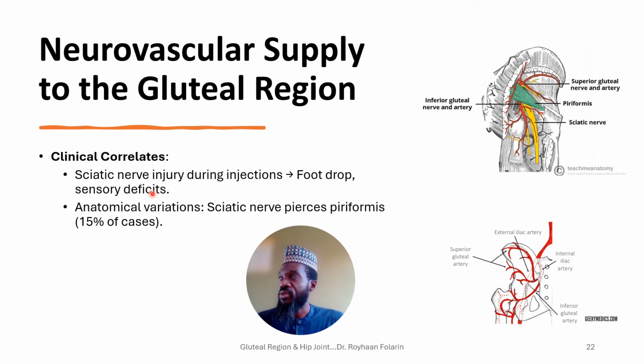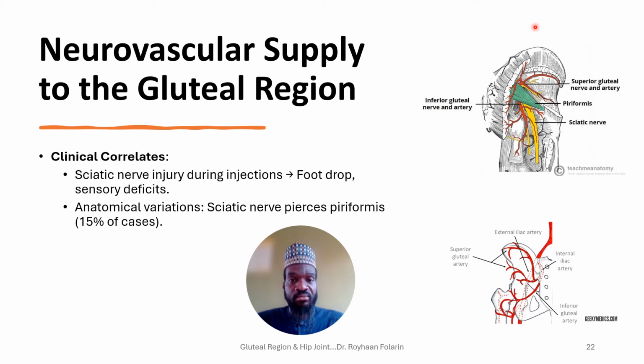If improperly done, especially when the superior outer quadrant is not used, then the sciatic nerve is at risk everywhere else in the gluteal region wherever the injection is administered. So to prevent sciatic nerve injury, injections should be placed in the upper outer quadrant of the gluteal region.